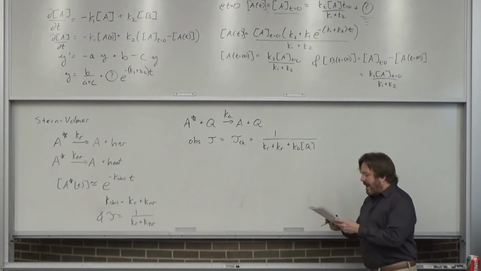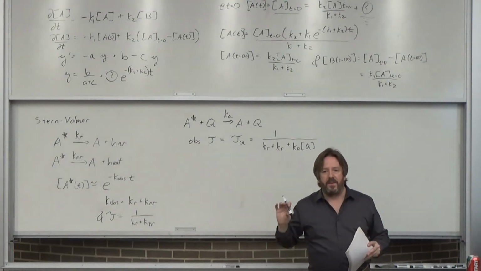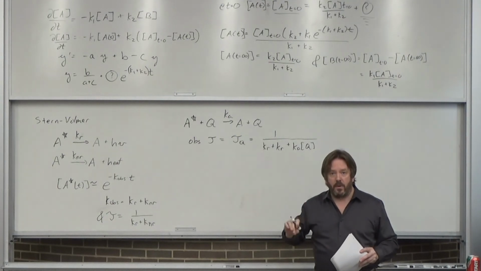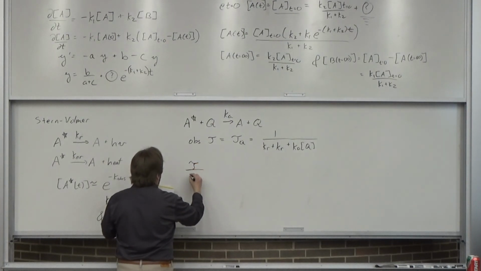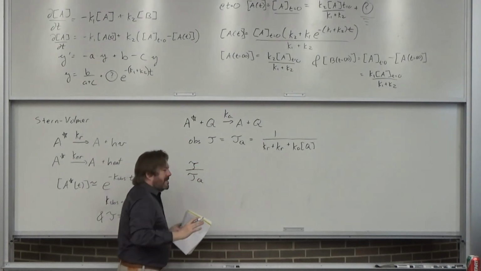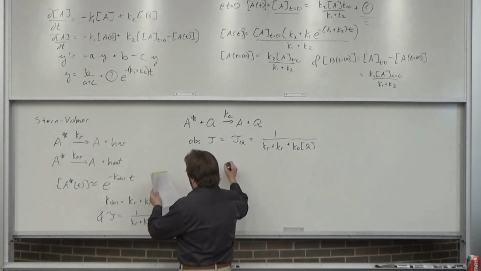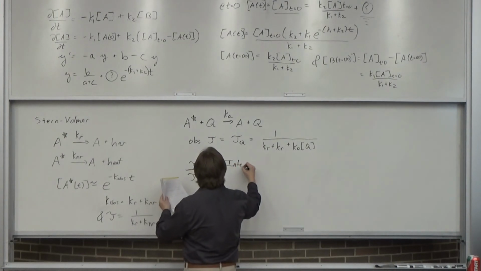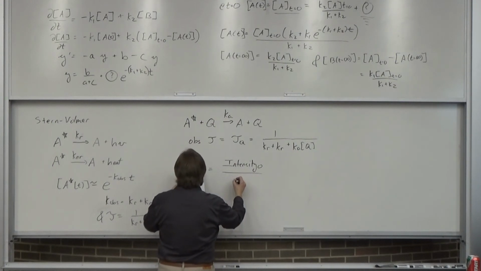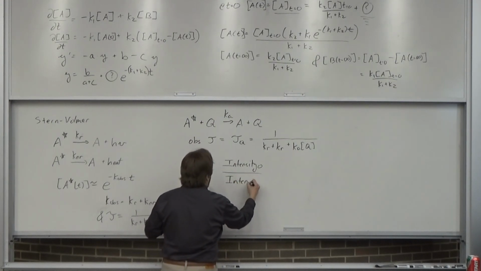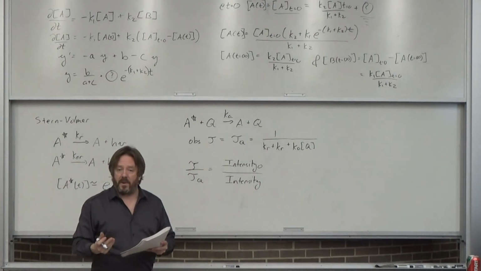Okay, now what that means is, what you do is you have 2 cuvettes. One is your dye, and one is your dye plus quencher. And what you could do is take a ratio of the 2. Now, it turns out that it's mostly true that this will be equal to the intensity of the chromophore. We'll call that I0. Divided by just the intensity, which would be the intensity in the presence of a quencher.